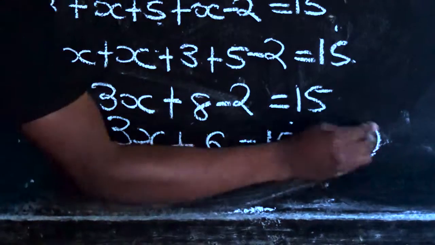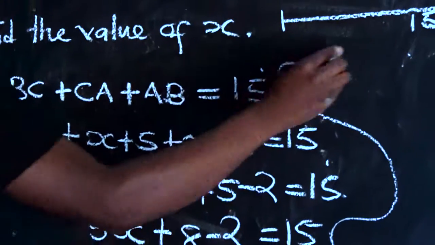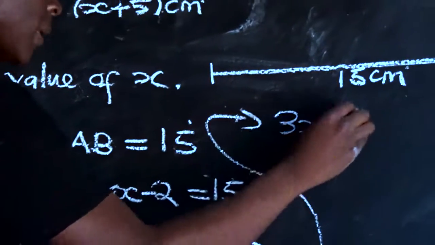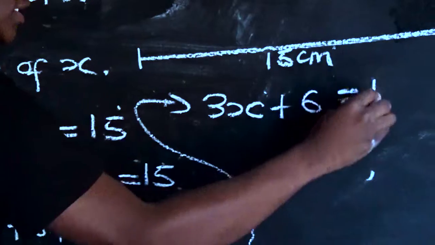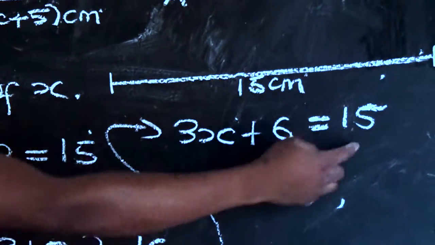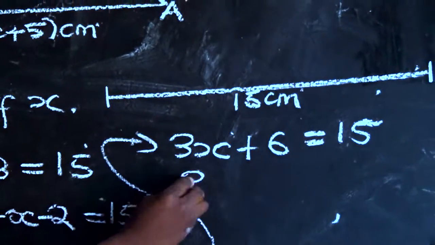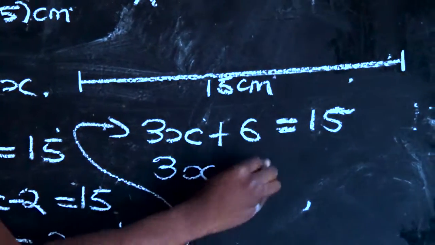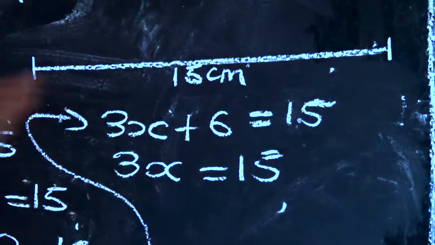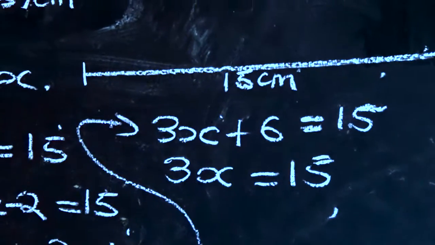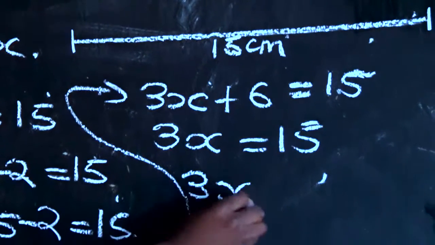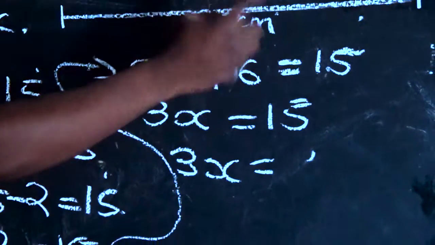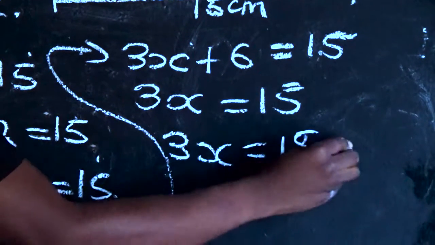So let me just write from this side, okay? So we have 3x plus 6 is equal to what? 15. What are we going to do? Just collect like terms and say 3x is equal to 15. Now when you transpose this positive 6 to the other side, 3x is equal to 15 minus 6.